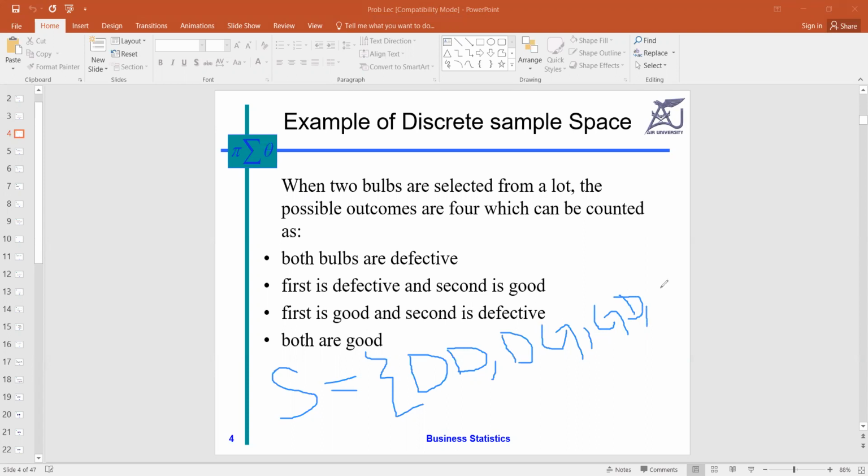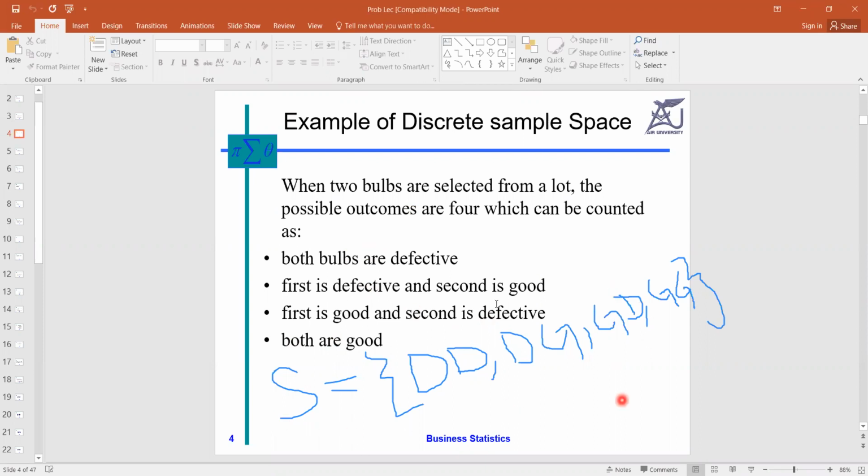And what is the last possibility? The last possibility might be that we are lucky and both bulbs are good, GG. So if we write it like this, we can say this is the statistical sample space, written with the notation S and all the elements enclosed in curly braces.